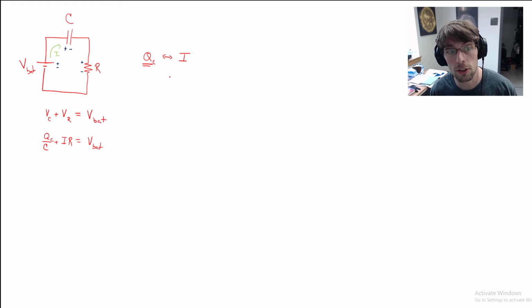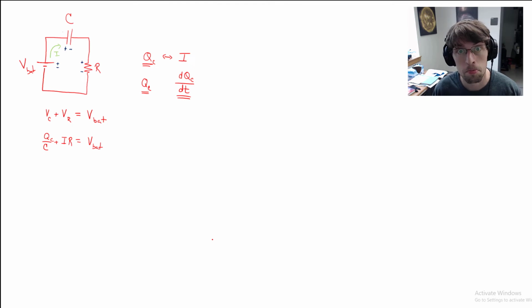So in this situation, the current is the time derivative of the capacitor charge. Whatever charge flows onto the capacitor plate also must flow through the resistor. So now I have some relationship between my charge on the capacitor and the current.